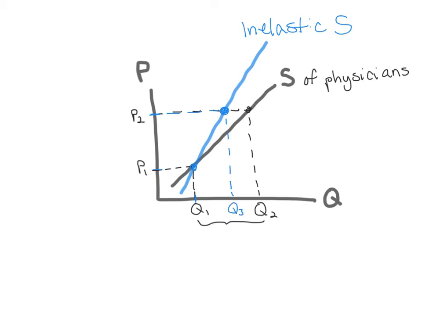Okay. So in other words, when the price of a physician, or the salary a physician gets paid, increases from P1 to P2, now the quantity supplied increases by less than it did when we had a more elastic supply of physicians. That is, before the duration of medical school increased.